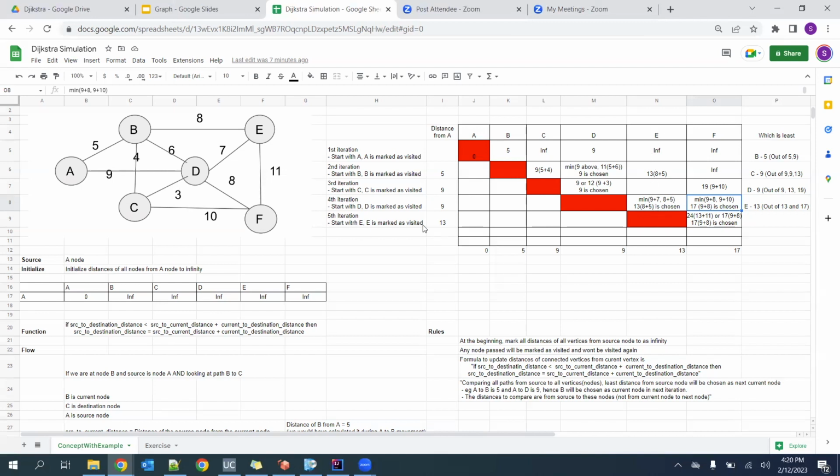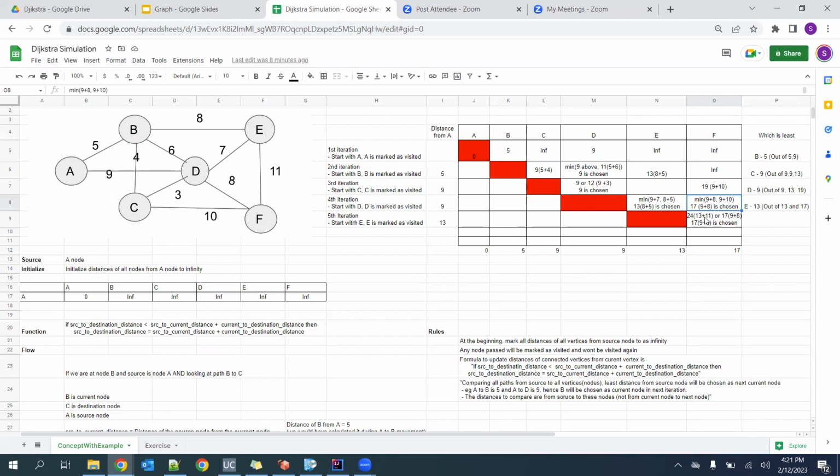So now we mark node E as visited and make node E our current node. Node E is connected to F. It is connected to B and D also, but these are visited nodes, so we won't consider them. Between node E and F is 11. We already have 13 as the minimum distance from source to E, and we add 11 here.